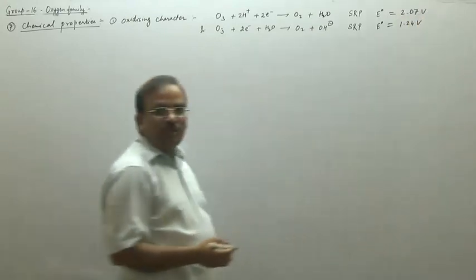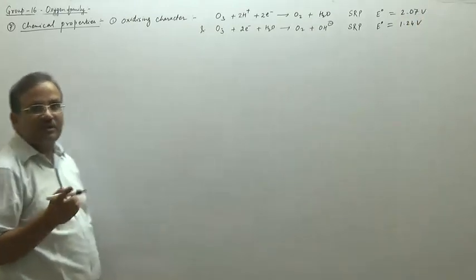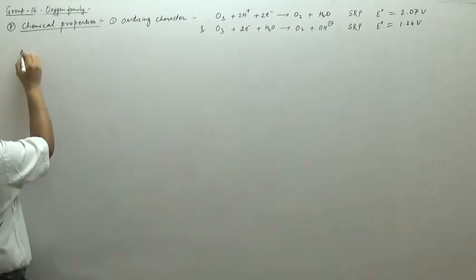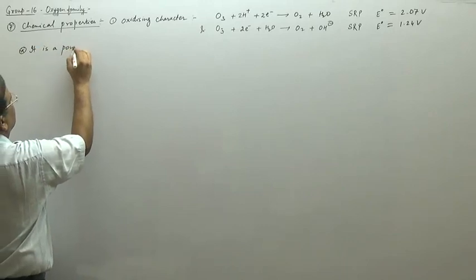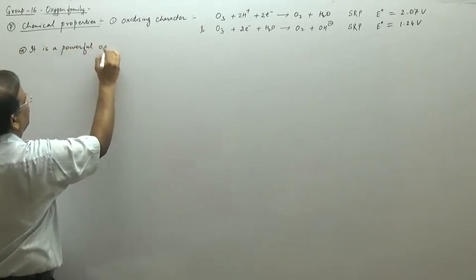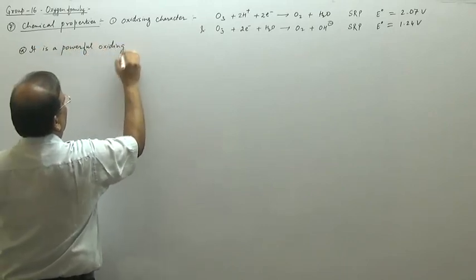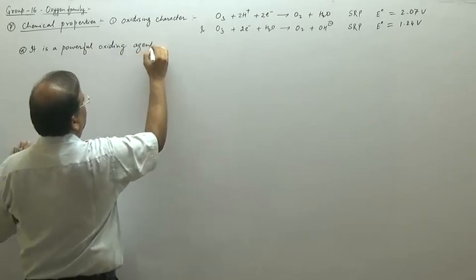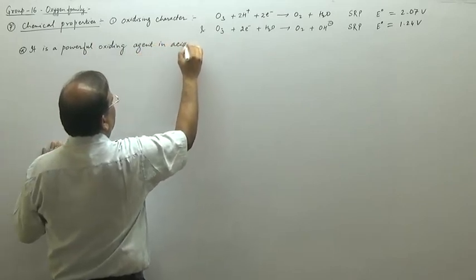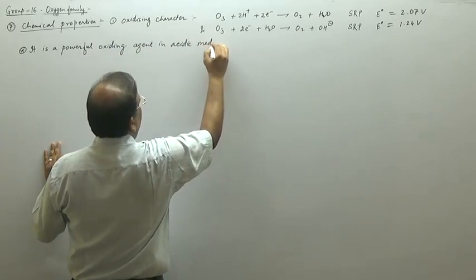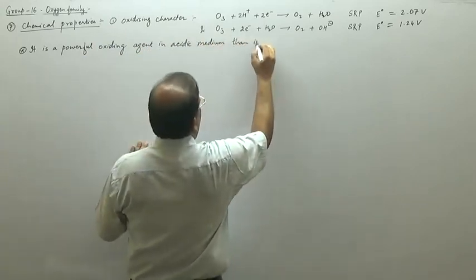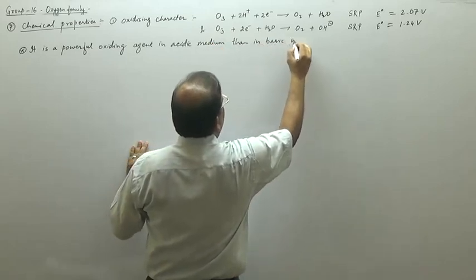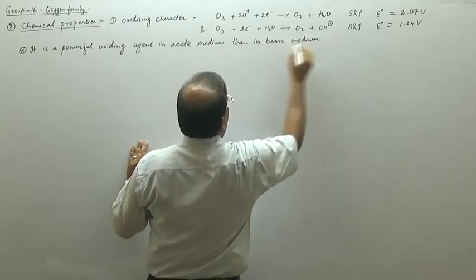So in acidic medium it acts as a strong oxidizing agent rather than in basic medium. So it is a powerful oxidizing agent in acidic medium, and then in basic medium we used to write like this.